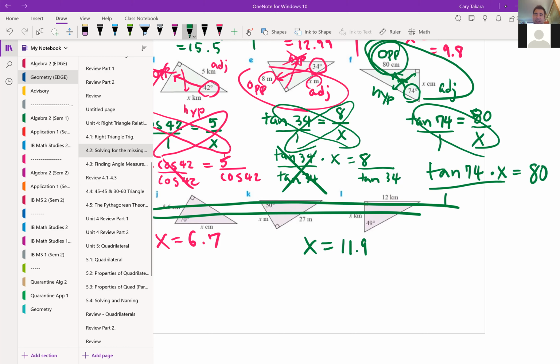Divide both sides by tangent of 74. So that cancels out. So X equals 80 divided by tangent of 74. What did you guys get? Did you get 22.9? Very good.